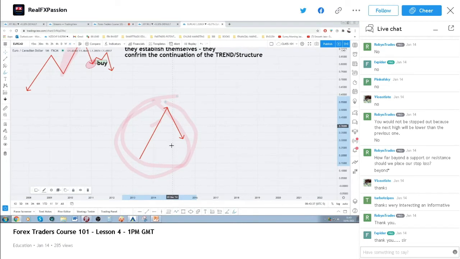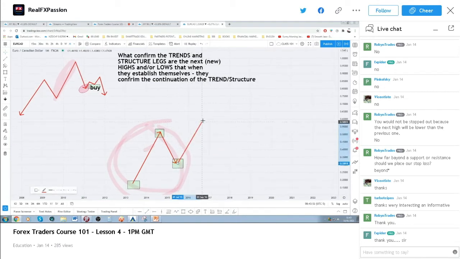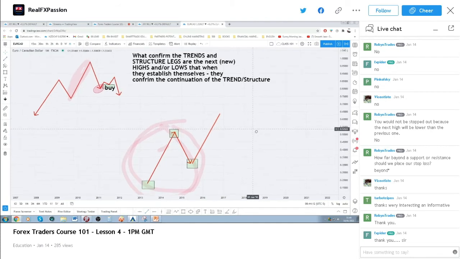You're going to say again, we don't know yet. Only the next new high or low, when it establishes itself, is going to be the confirmation that this is an uptrend, or that this uptrend continues. Make sense, everybody?